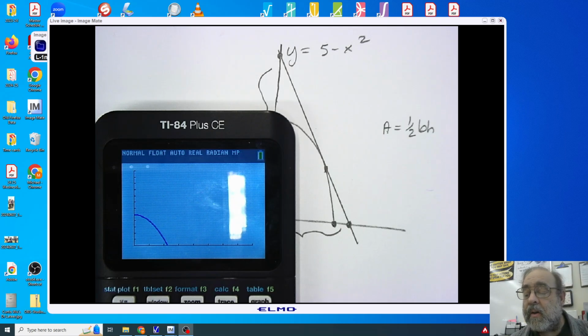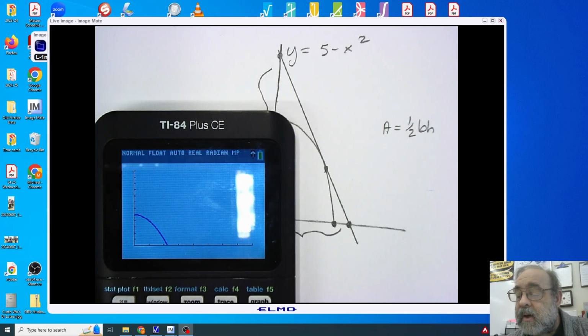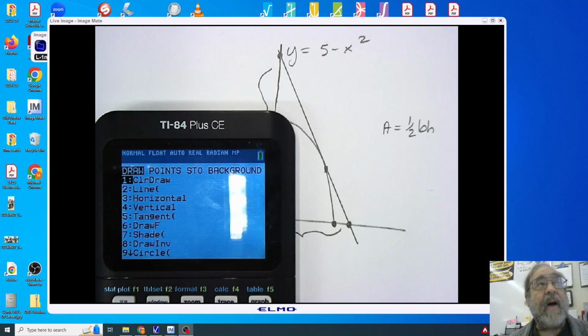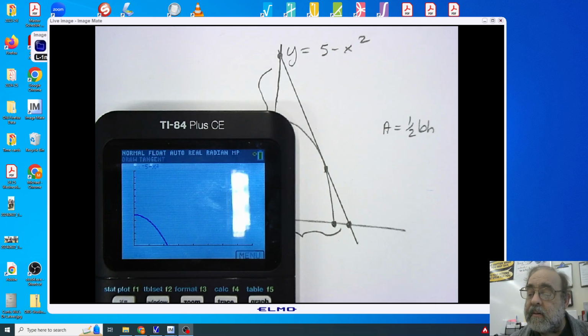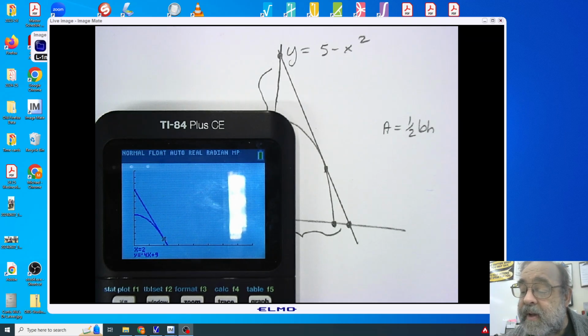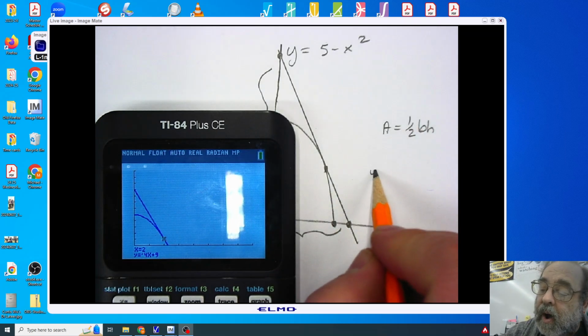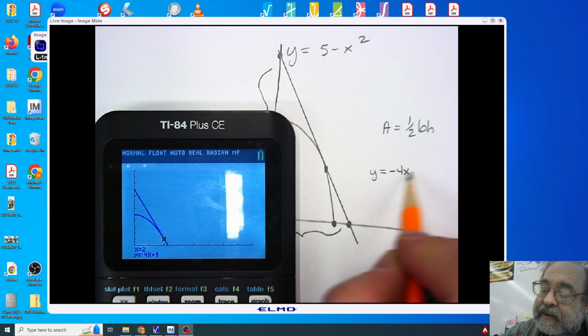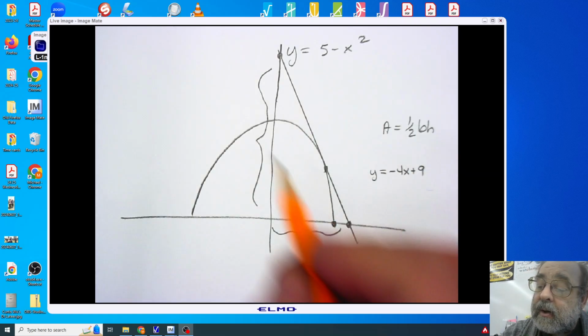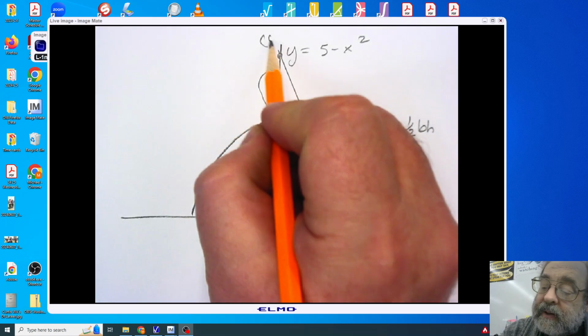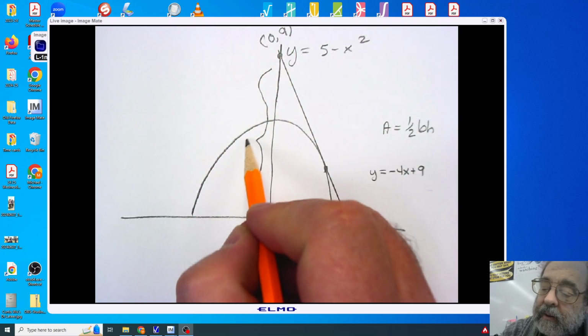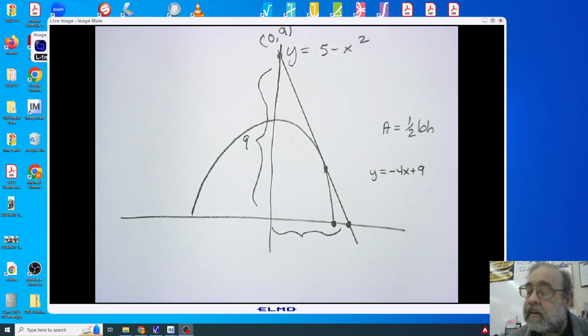And if you recall, in order to find the tangent line, we're going to hit second program, 5 is the tangent line, at 2, enter. And you'll notice it now gives me the equation of the tangent line as negative 4x plus 9. So if I have y equals negative 4x plus 9, my y-intercept is (0, 9), and so my height is 9 in length.